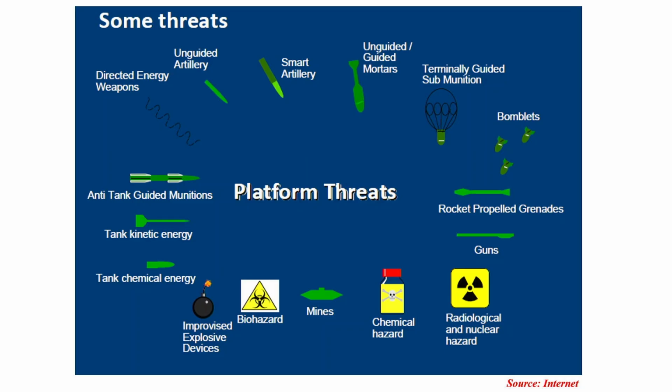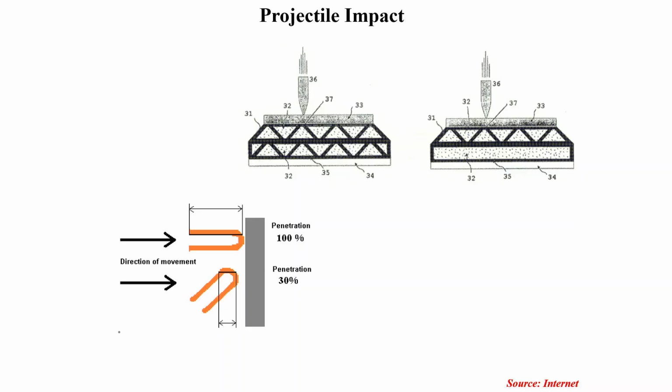You can see there are mortars, ancillaries, different artilleries, different types of guns, rockets. Now, regarding projectile impact, in our study we have seen that the direction of the impact should be exactly vertical with plus minus 5° deviation, where penetration will be 100%, because impact will be 100%.